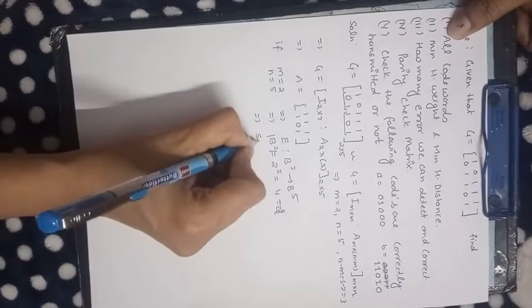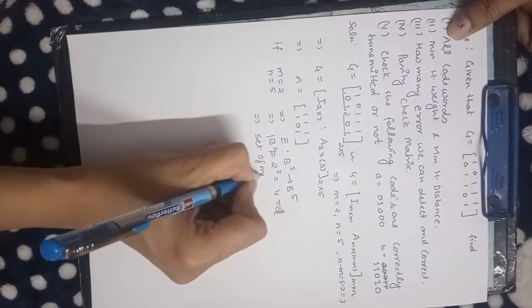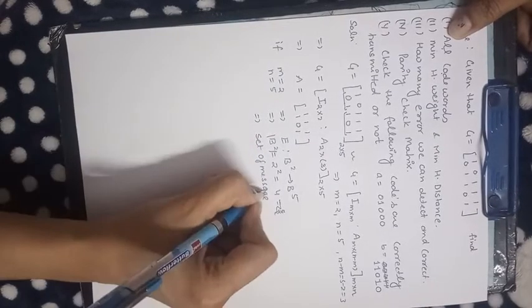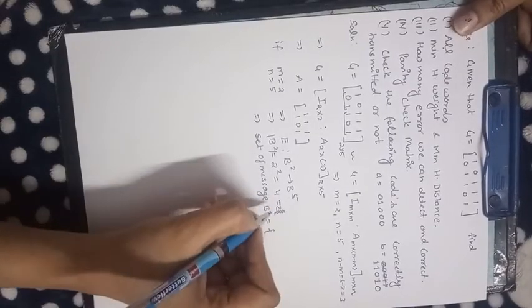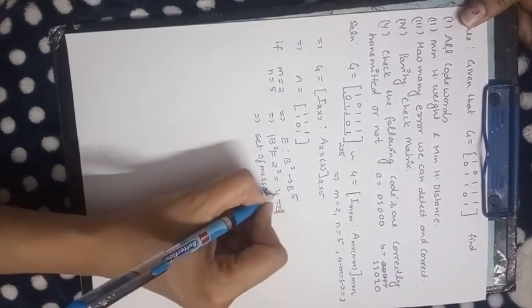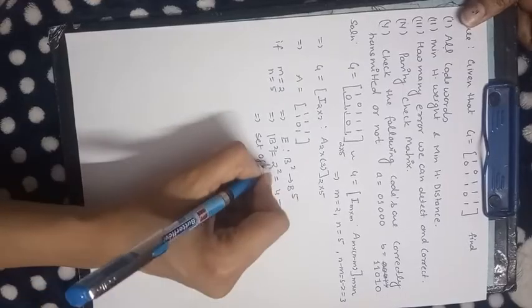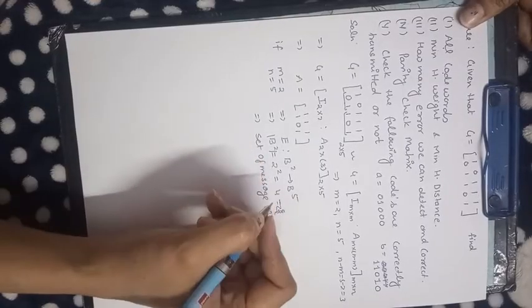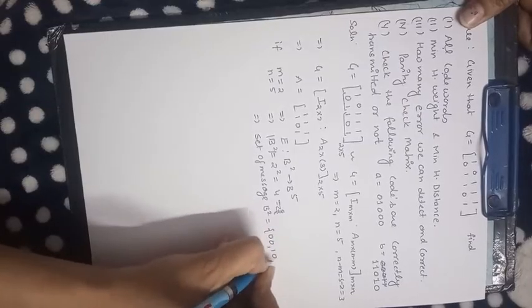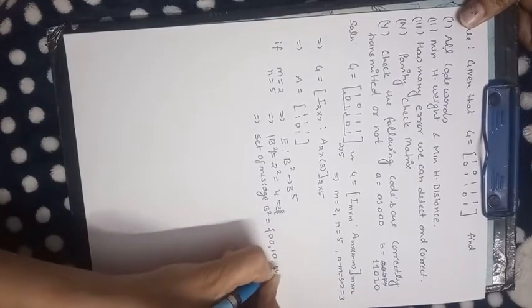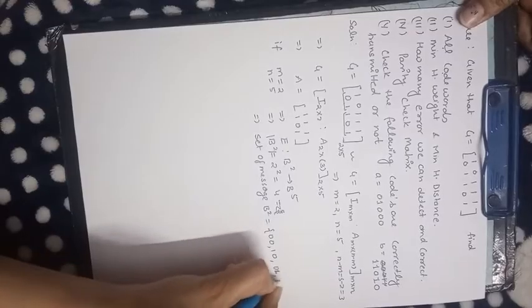So the set of messages B2 contains all possible 4 messages, 2-tuples generated by binary bits 0 and 1 only: 0 0, 1 0, 0 1, and 1 1.